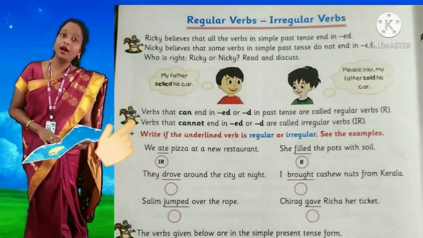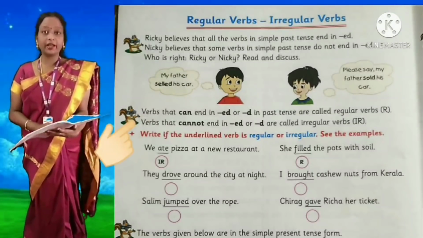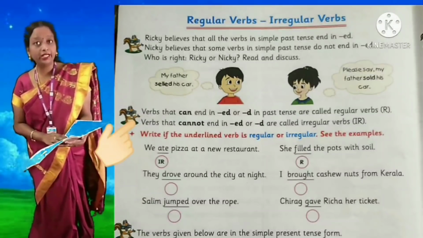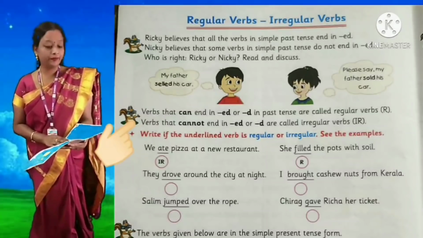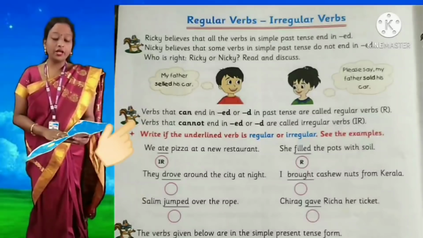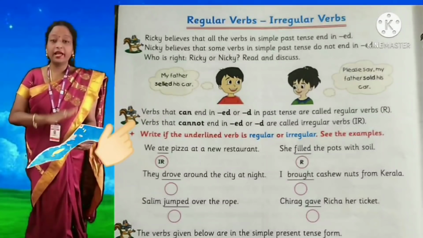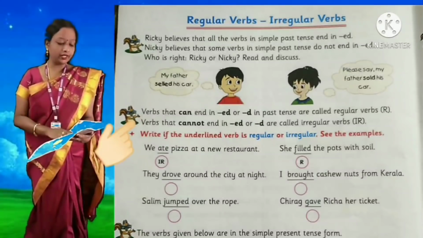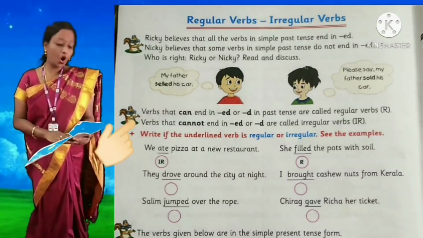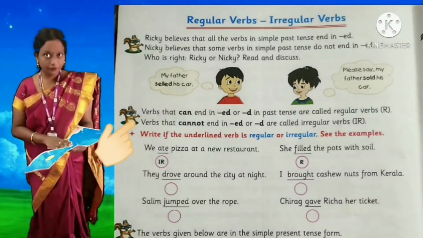That is IR. Again, I'll read, children. Verbs that can end in ed or d in the past tense are called regular verbs. Verbs that cannot end in ed or d are called irregular verbs.